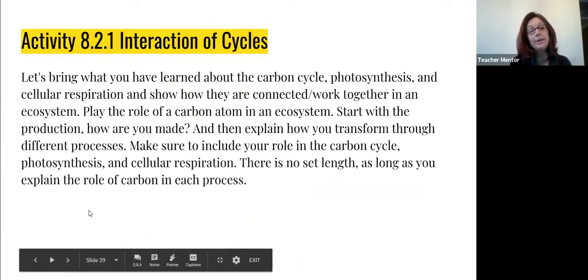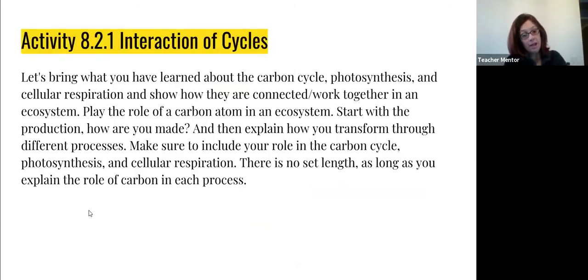All right, so this leads to activity 8.2.1, the interaction of cycles. I copied and pasted right from the lesson, right from the homework assignment. Let's bring what you've learned about the carbon cycle, photosynthesis, and cellular respiration, and show how they are connected and work together in an ecosystem.